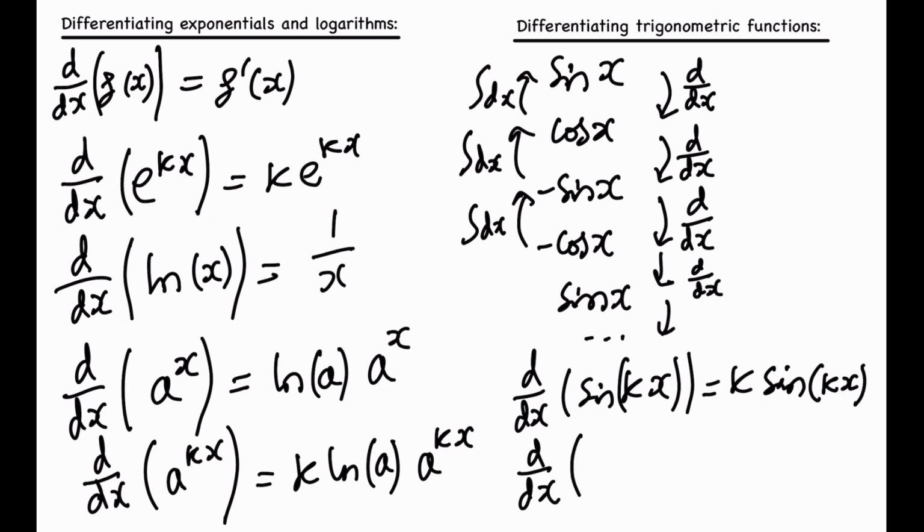If you differentiate cos with kx in the brackets, you'll get k, the constant, which is the differentiation of the inside of the brackets, times minus sine, so it becomes minus k sine kx, all inside the brackets. Oh, sorry, the sine case will become cos because sine differentiates into cos.